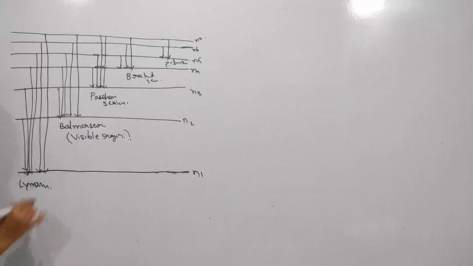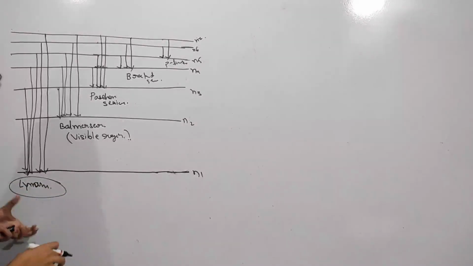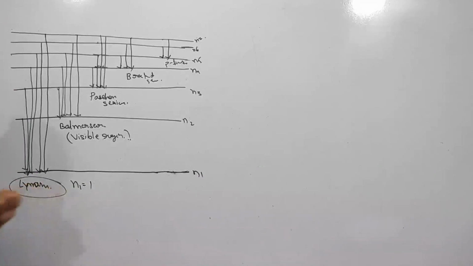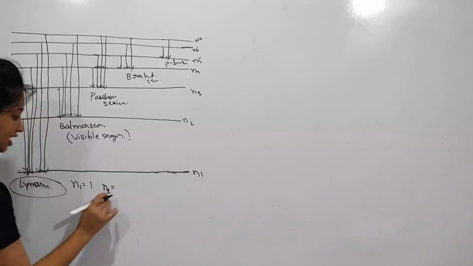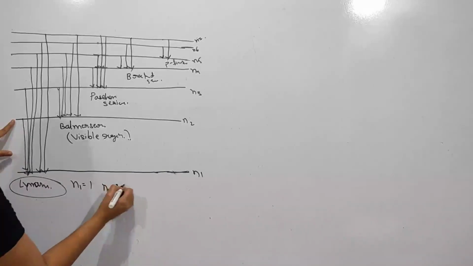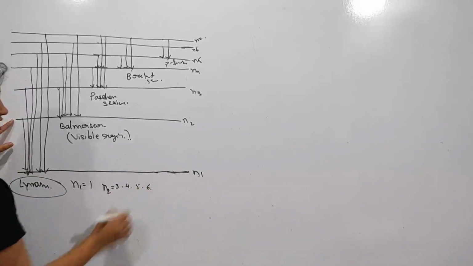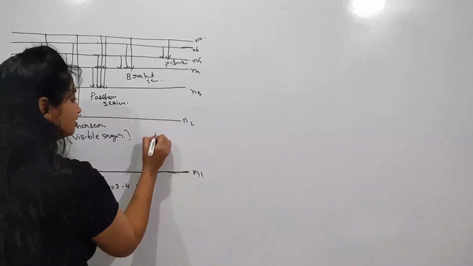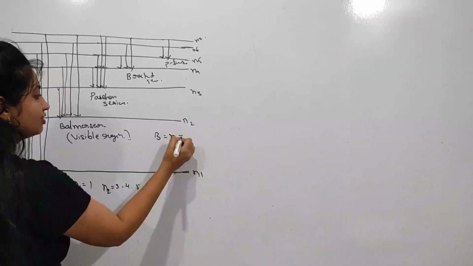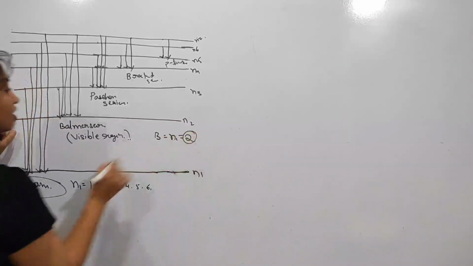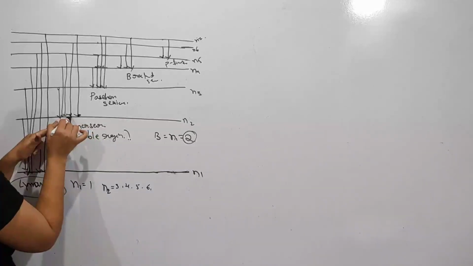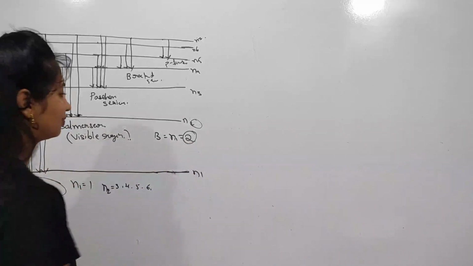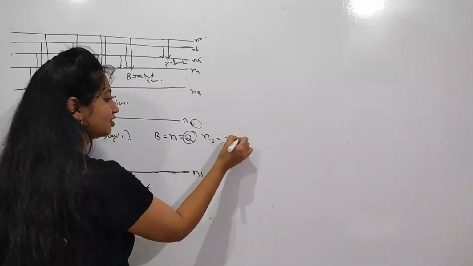So see here, for the Lyman series, the ground state n1 equals 1 and n2 equals 3, 4, 5, 6. Next, for the Balmer series, n1 equals 2, because their lower energy state is the second shell, and then n2 equals 3, 4.